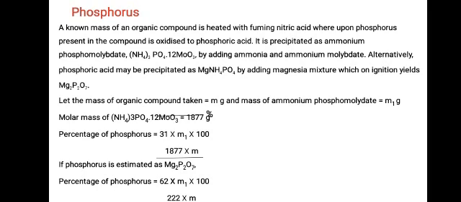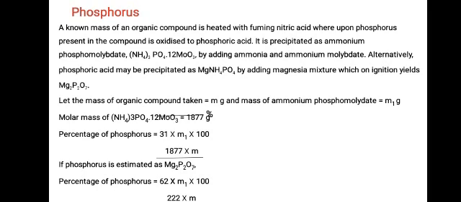And in another method, phosphoric acid will be precipitated as MgNH4PO4 by adding magnesia mixture, which on ignition yields Mg2P2O7. So here we will apply this formula: 62 into m1 into 100 by 222 into m. By this we will be able to calculate the percentage of phosphorus.